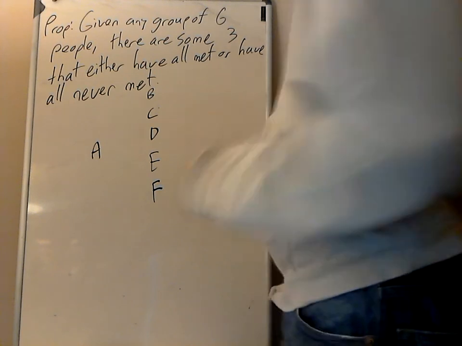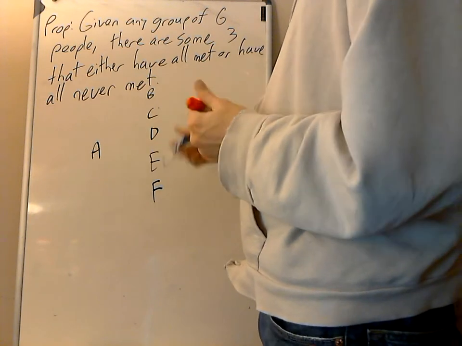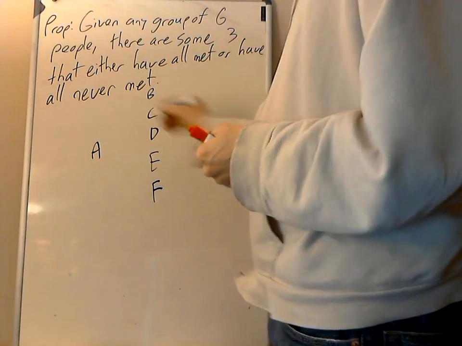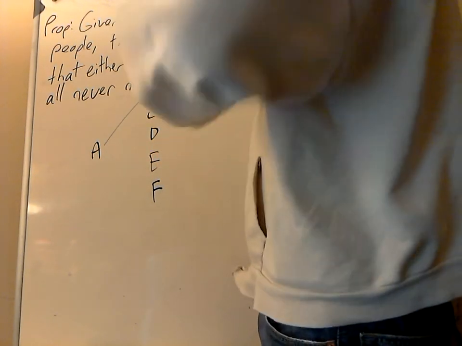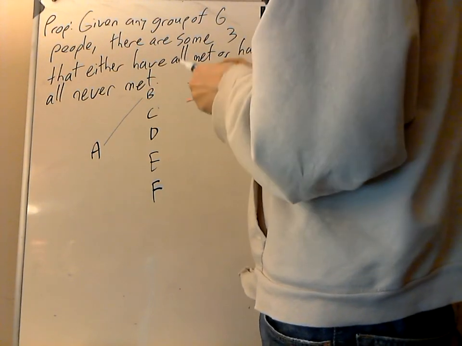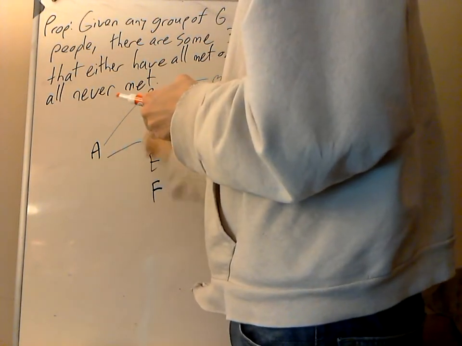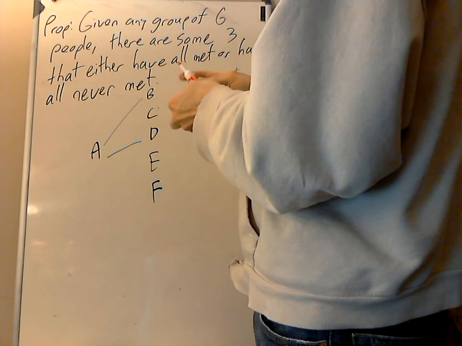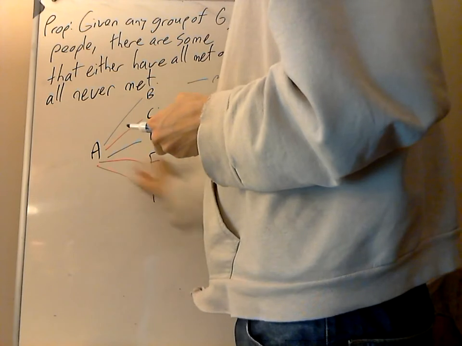And let's suppose that Alice has met some of these and not met some others. So let's use blue for met and red for not met. So, for example, we might have that Alice has met Bob and Donna, but has not met Charlie, Eve, and Fred.